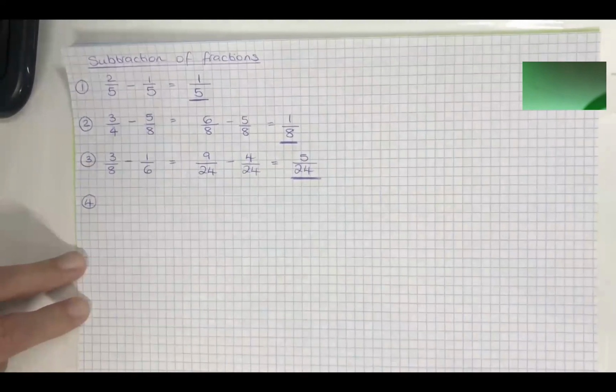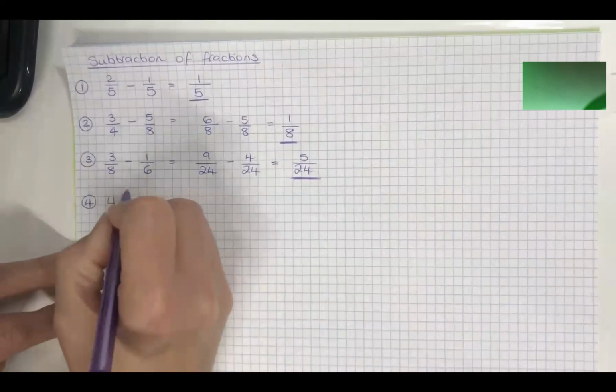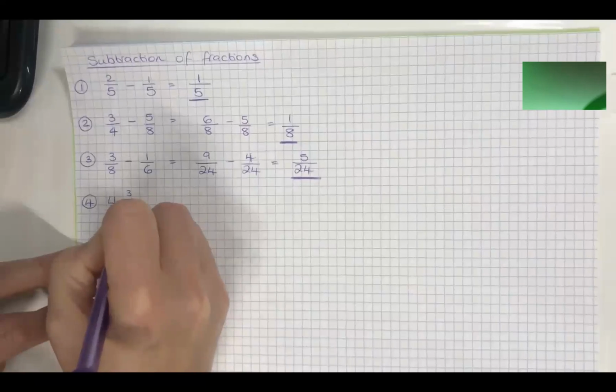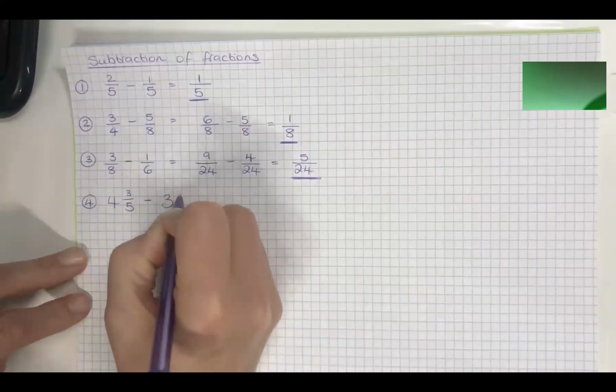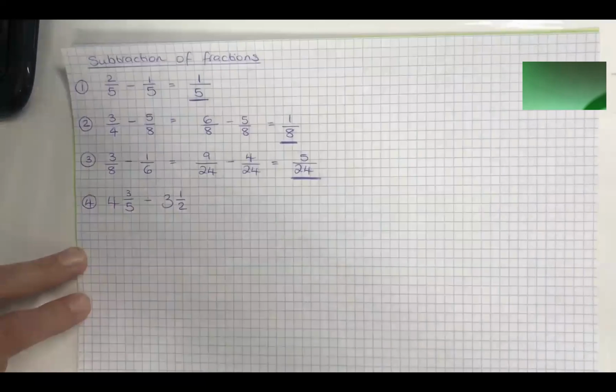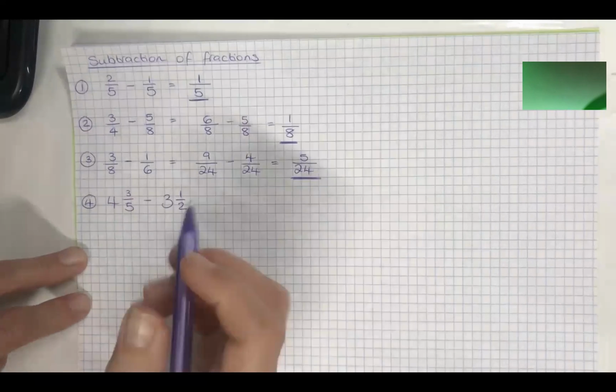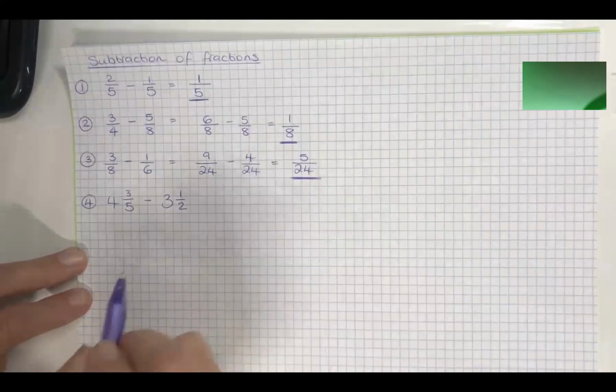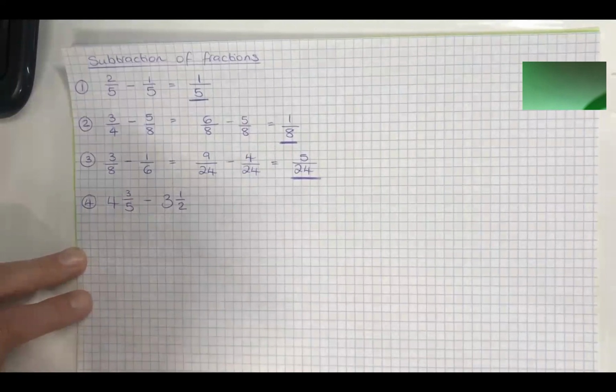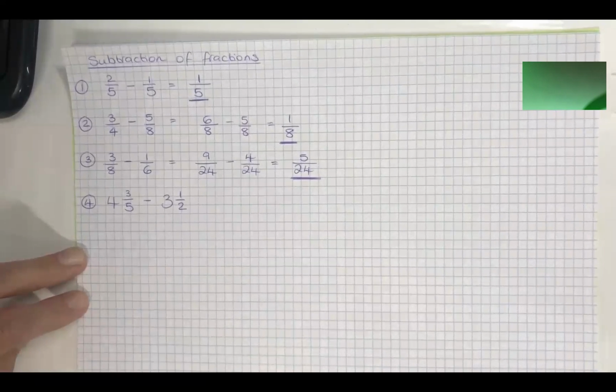Finally, when we look at mixed numbers, we have 4 and 3/5, and we're subtracting 3 1/2. Technically with this particular example, I can demonstrate it with 2 different methods, but it's safest if we just work with one method.